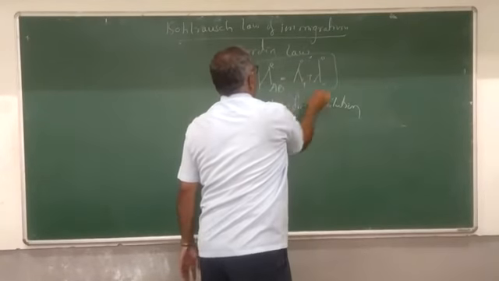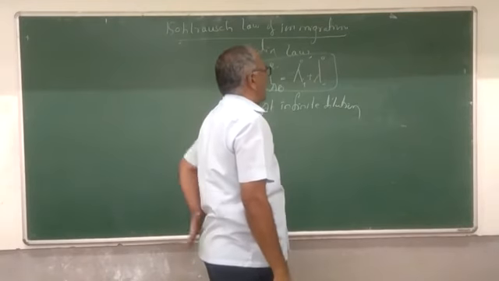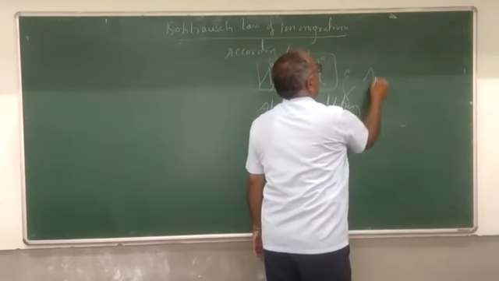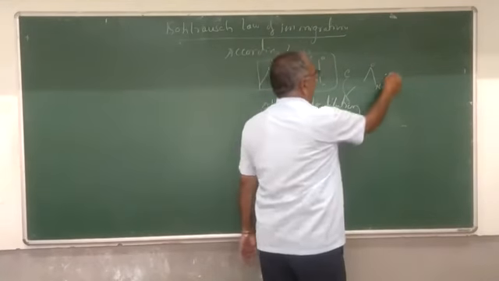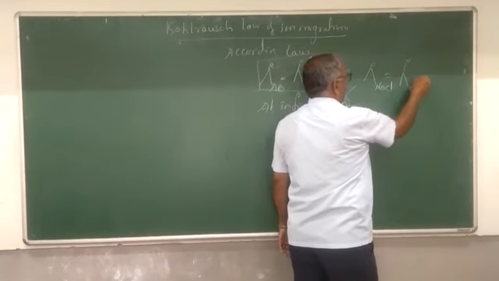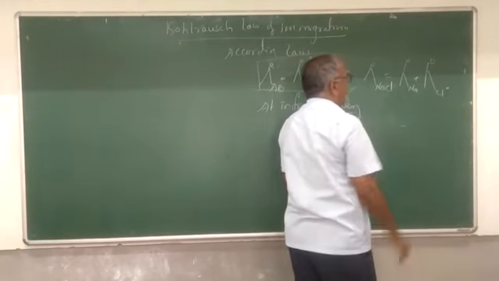This is very important, so repeat the mathematical expression of the Kohlrausch law. For example, the molar conductivity of sodium chloride is the sum of the molar conductivity of the cation and anion at infinite dilution.